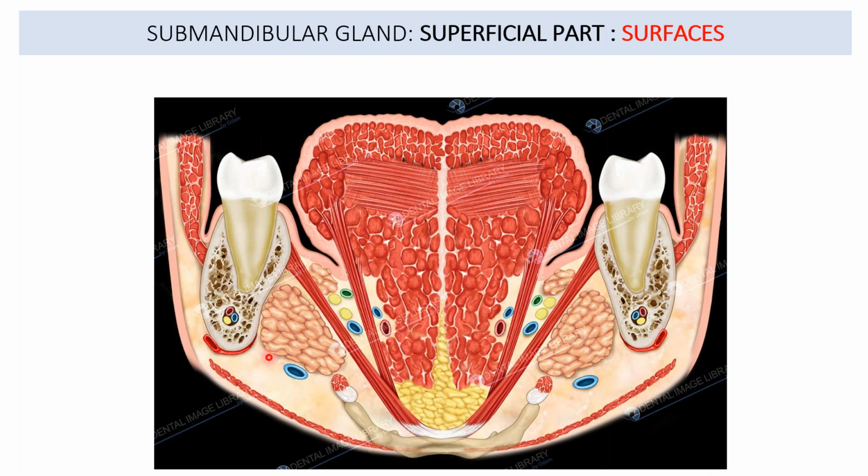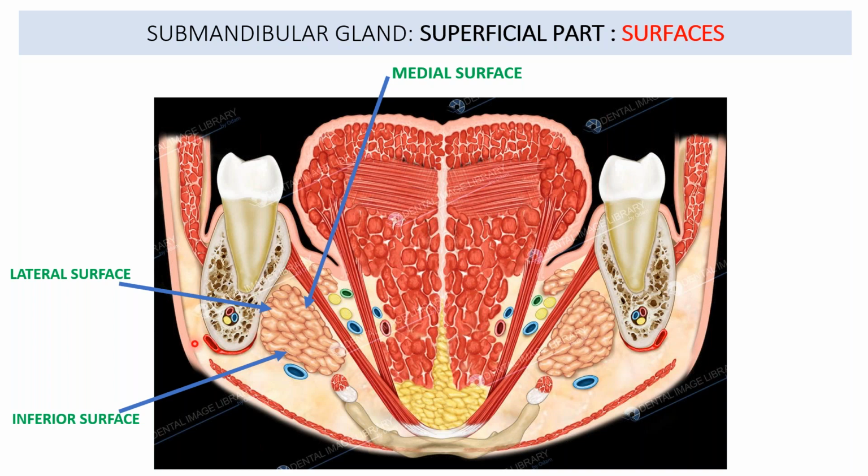The surface which is lying inferiorly should be the inferior surface of the superficial part of the submandibular gland, and the one facing the medial aspect, towards the oral cavity, is the medial surface. So this surface is marked as the medial surface. The surface which is lodged in the submandibular fossa of the mandible is the lateral surface, and the inferior surface is at the base. This is the inferior surface of the superficial part.